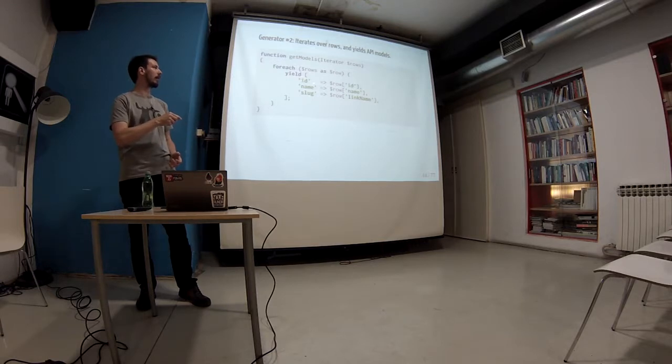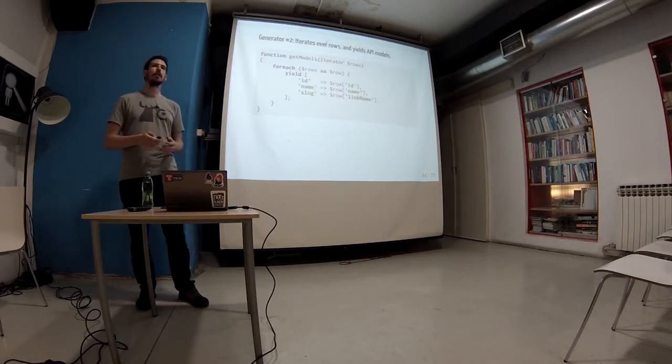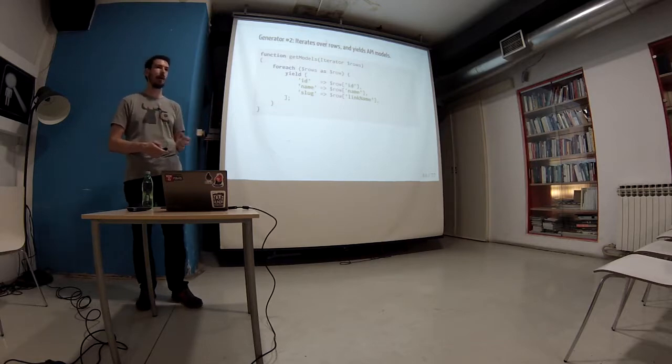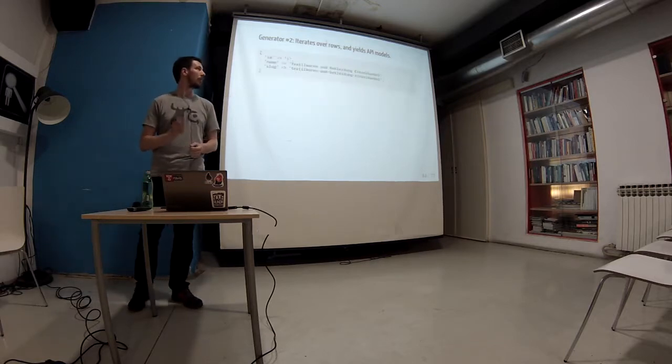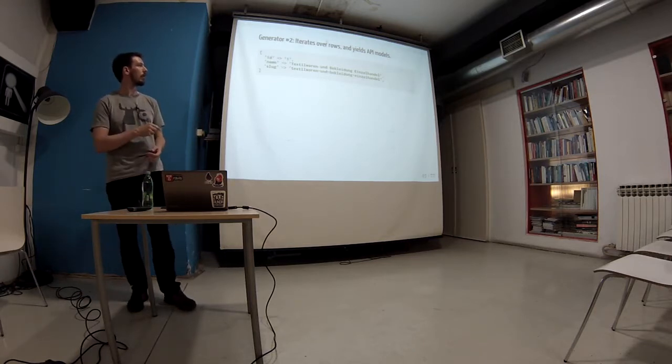We just have the ID, the name, and the slug, which map to three columns in the database. Each iteration of this generator returns the model as you want it in the end, as an array. Each row will look like this. And this is a great category, I love it.